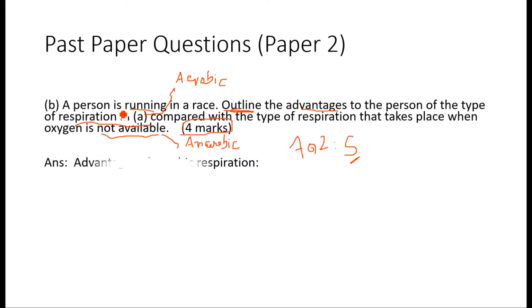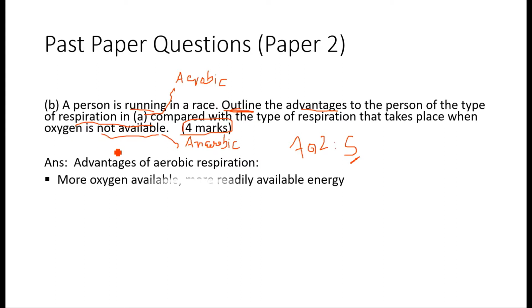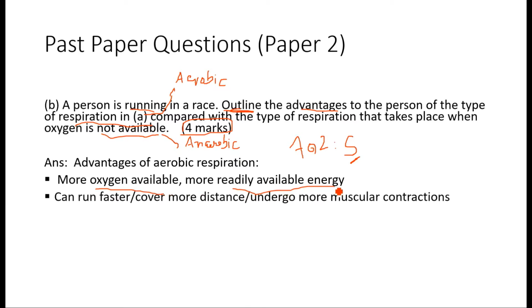How to answer this question? Naturally, it's asking us for the advantages of aerobic respiration. First things first, there is more oxygen available in aerobic respiration, which means there is more readily available energy at all times for the person who is undergoing the respiration. So the person who is running is able to run faster, cover more distance, or undergo more muscular contractions.